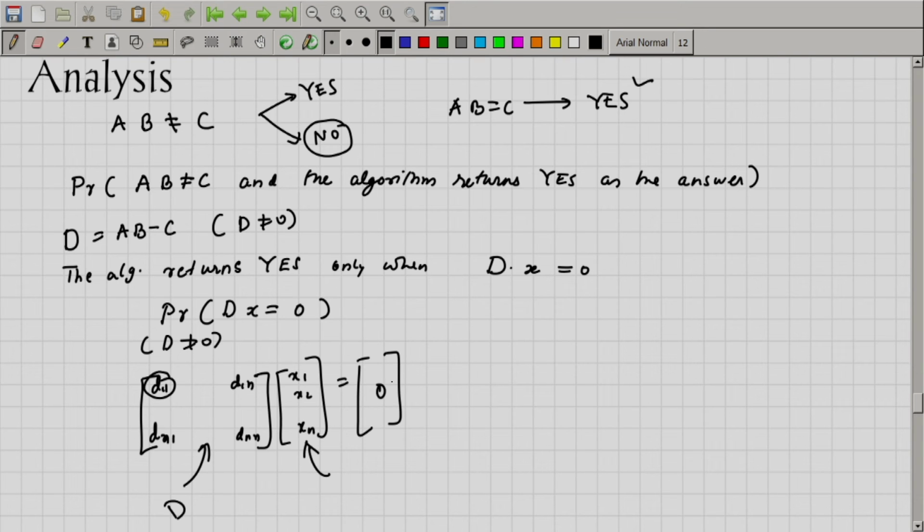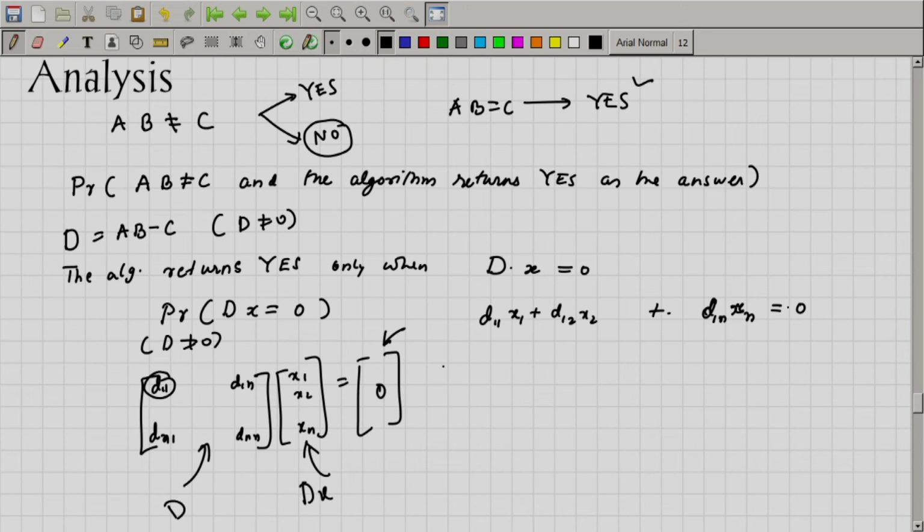Now, if we get this entire product to be 0, clearly one requirement is that the first element in the column vector DX should be 0. That would give us this equation: D11 into x1 plus D12 into x2 plus D1n into xn should be equal to 0.